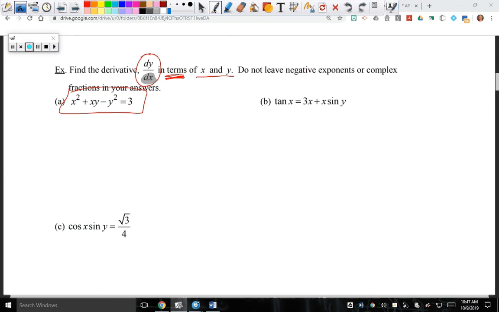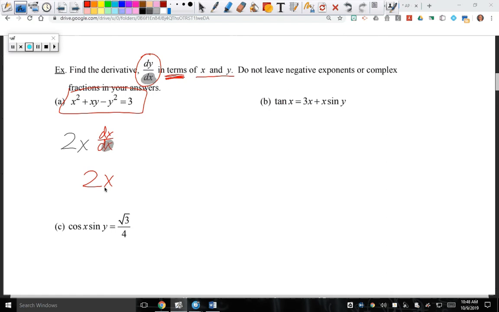Okay? So anyone, what's the derivative of my very first term that is x squared? 2x. That's it. Technically, it's times dx over dx. Right? But it's 1. We don't need that. Okay, if you want to write it for your notes, go ahead and do that. But it will make it 1.